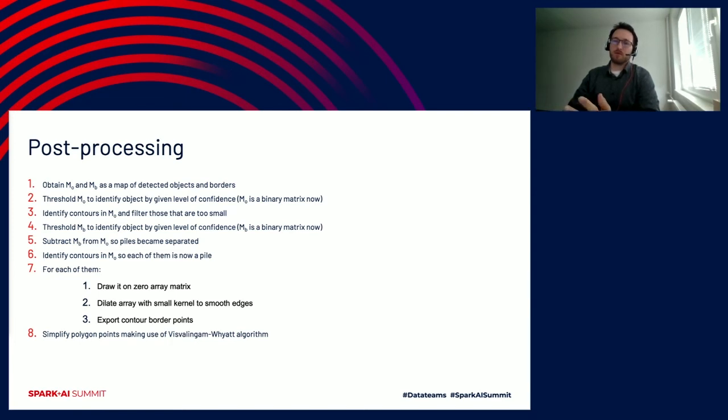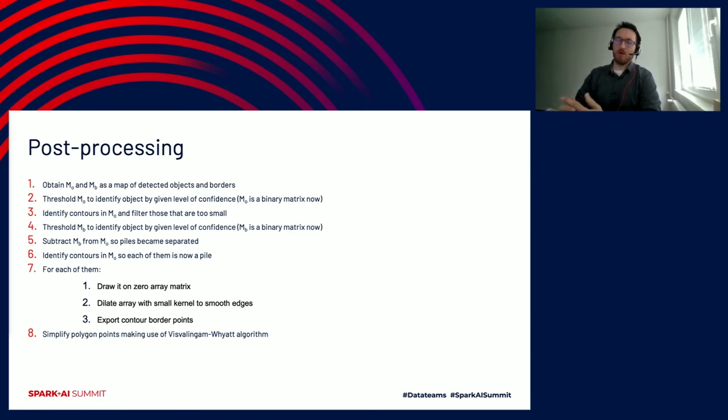Then we are supposed to apply some thresholds on them. It is some kind of level of confidence, and it can be derived from how the network is doing on testing data.